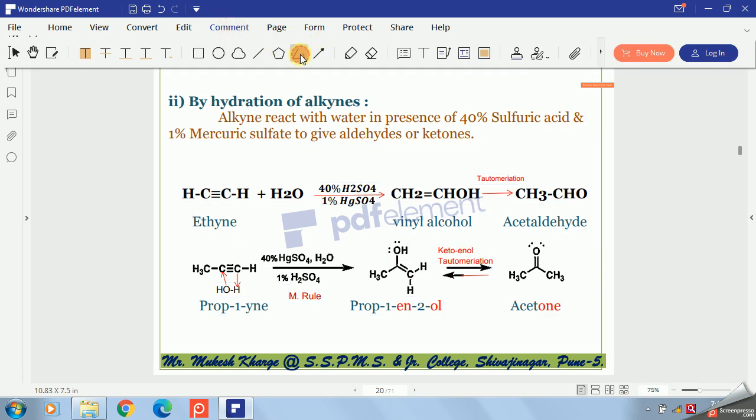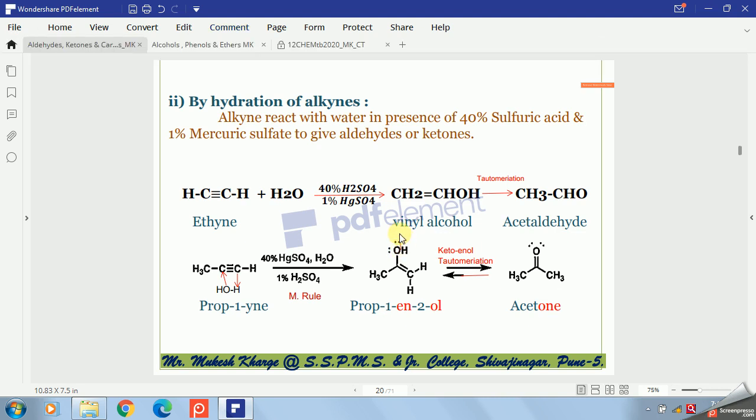So I write the conversion. The bond between H and OH gets shifted to a carbon-oxygen double bond. If I write a double bond between carbon and oxygen like this, then this carbon becomes pentavalent because there are already 4 bonds.